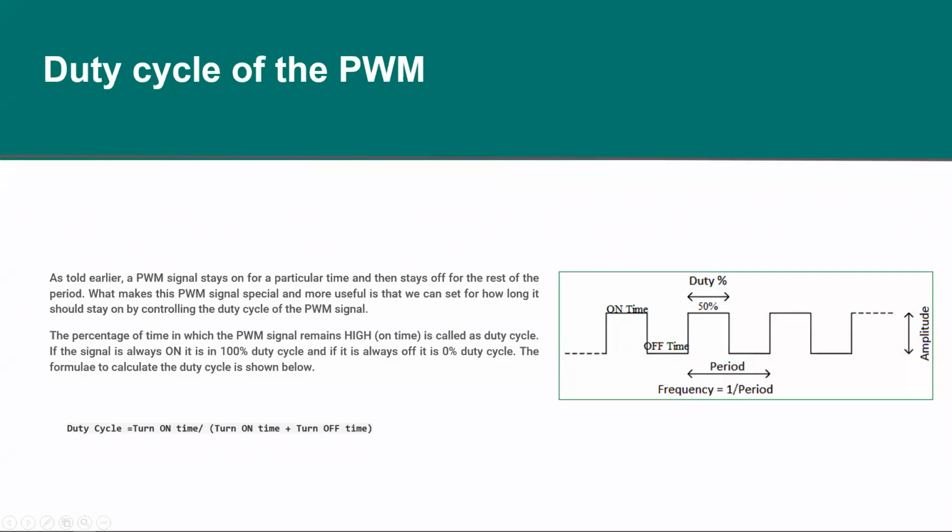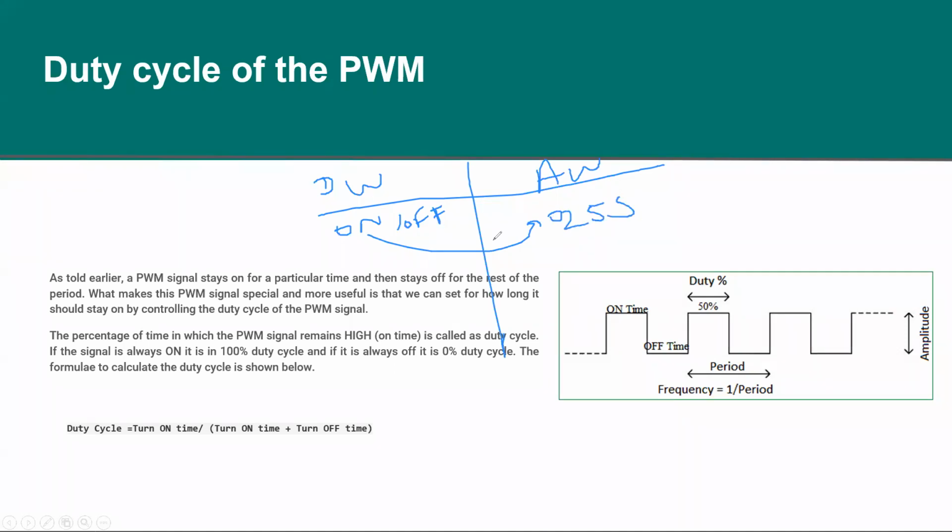All right. So with digitalWrite, you can have on and off, right? But with analogWrite, you can have 255 for on, 0 for off, and you can have the values in between. So it can adjust the brightness.